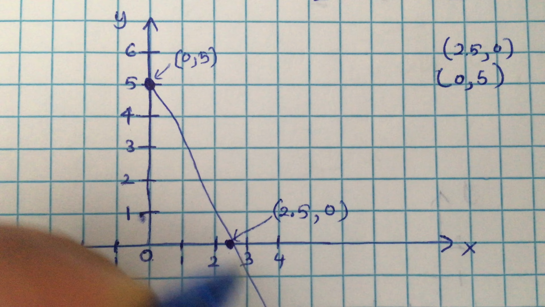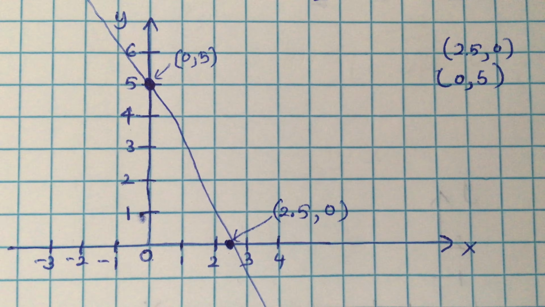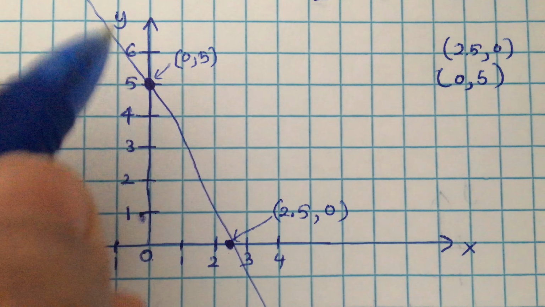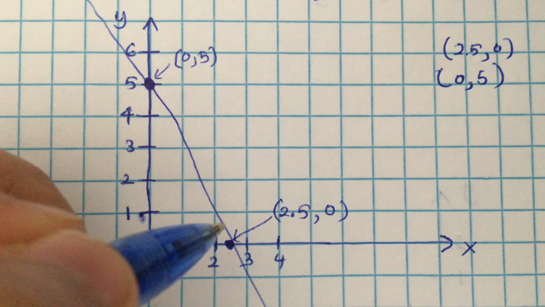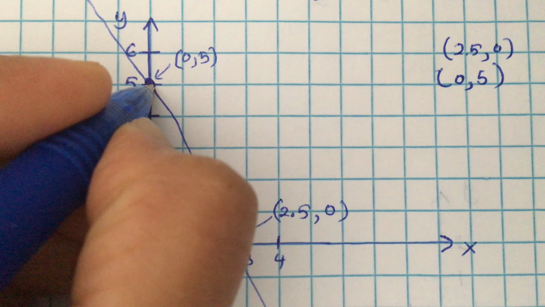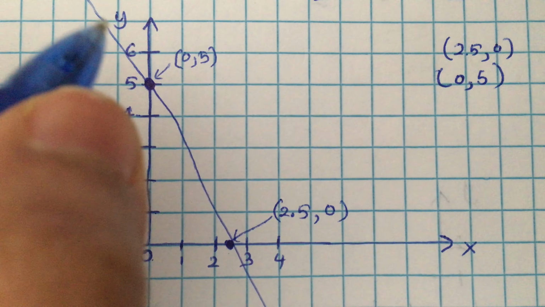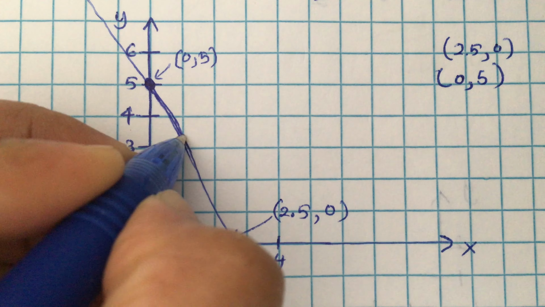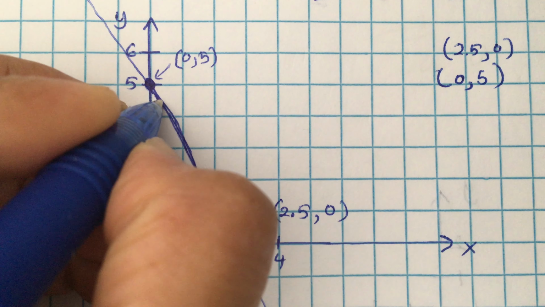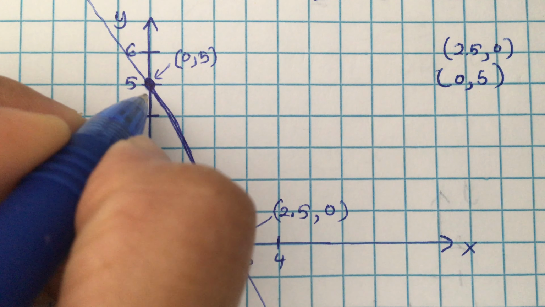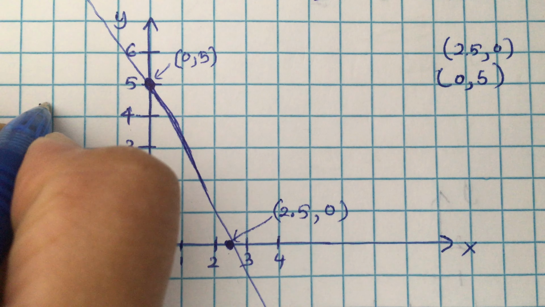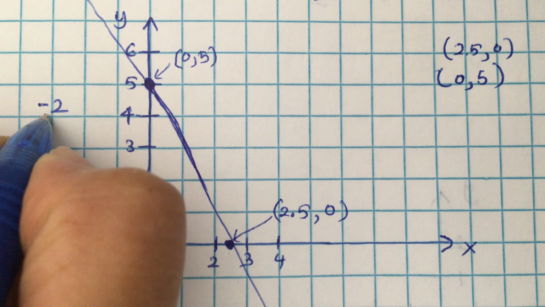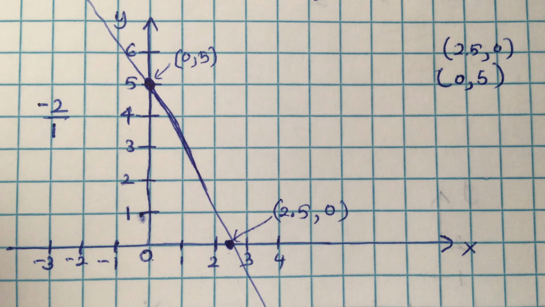So it's a linear function like this. It should be a straight line, okay? And as you can see, the slope is negative 2. In the denominator you have 1 here, right?